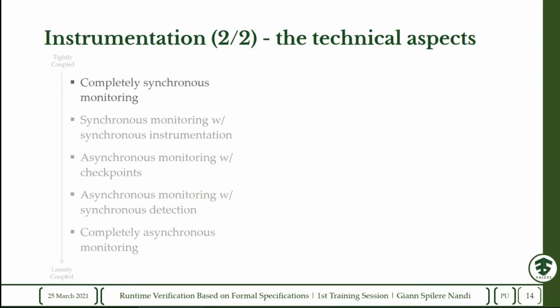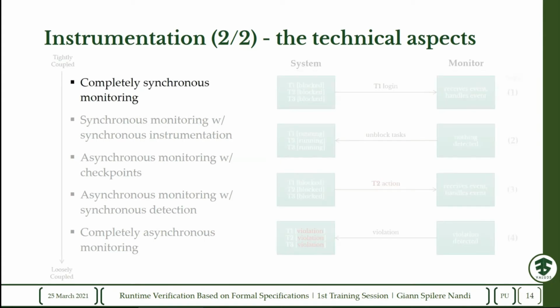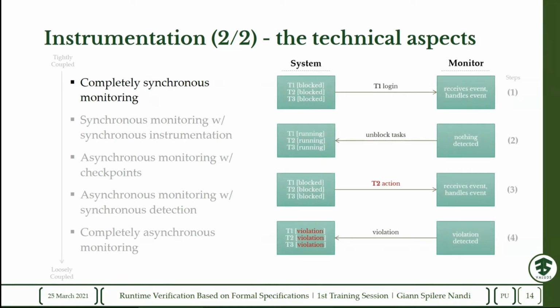So, for example, in completely synchronous monitoring, every time there is an event that happens in the system, all tasks are blocked until a monitor can say that nothing bad happened in the system. Over here, the component T1 performed a login and nothing bad happened.